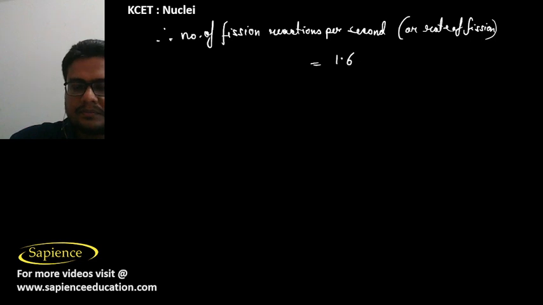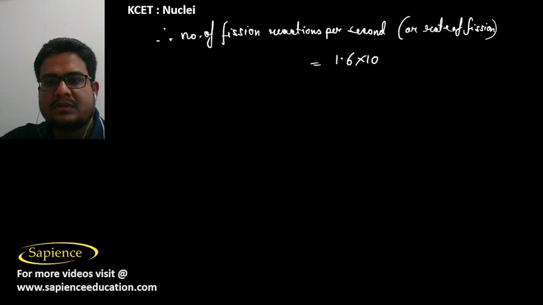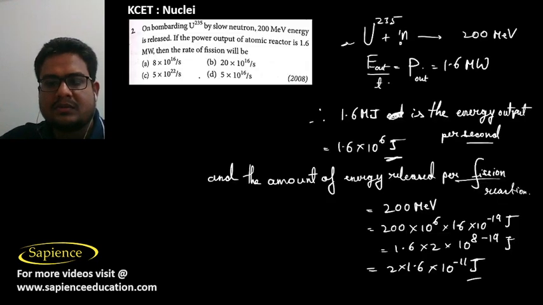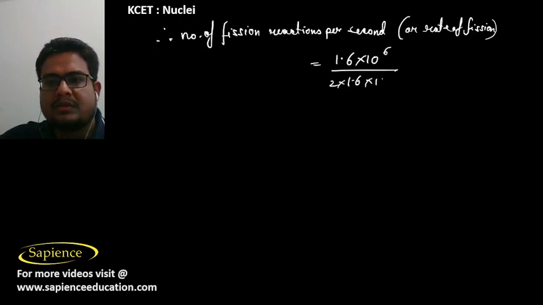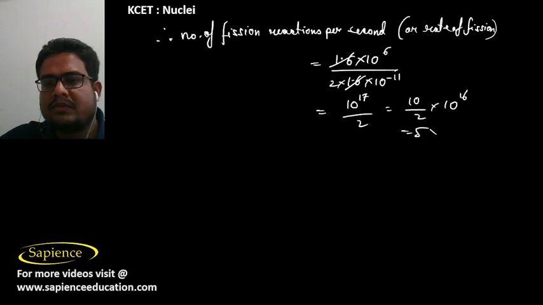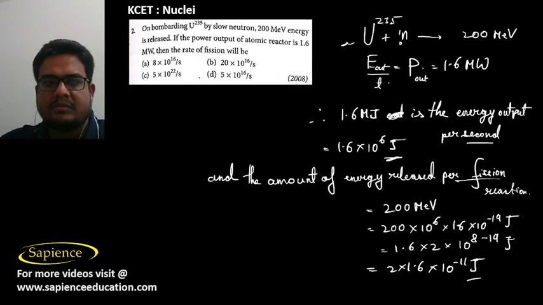So that is 1.6 into 10 power 6 joule divided by 2 into 1.6 into 10 power minus 11. So the 1.6 will cancel, and then you can write 10 power 11 plus 6, that is 17, by 2. So this is 10 by 2 into 10 power 16. So this is 5 into 10 power 16 per second. So these many fission reactions are happening per second. So option D is the correct one.